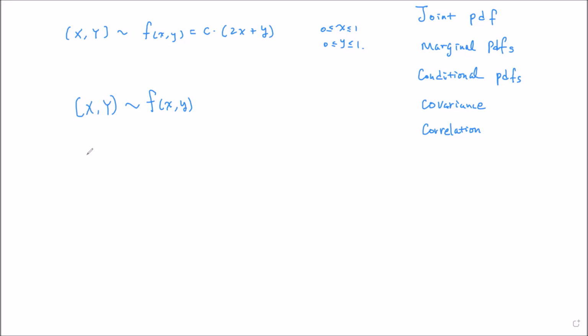What it really means is that for any set A, capital A, which is a subset of R2, the probability that the pair of random variables X, Y is in this A can be expressed by the integral of this probability density function.